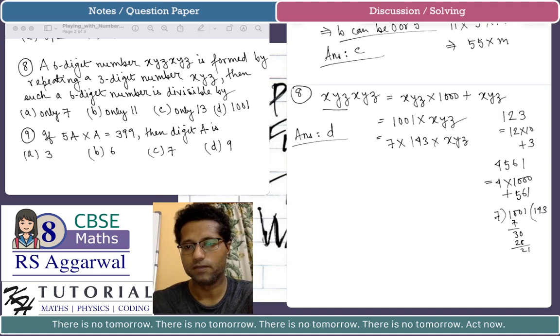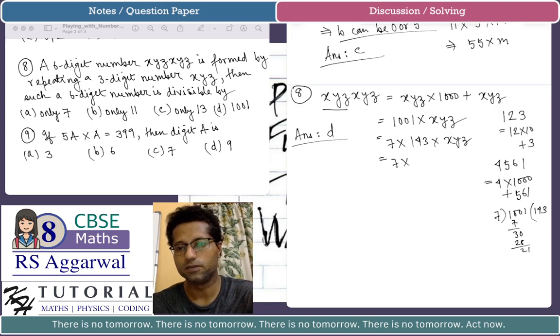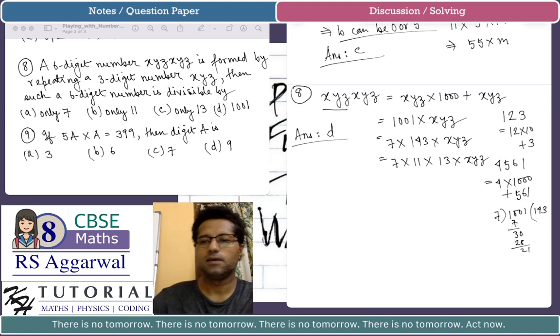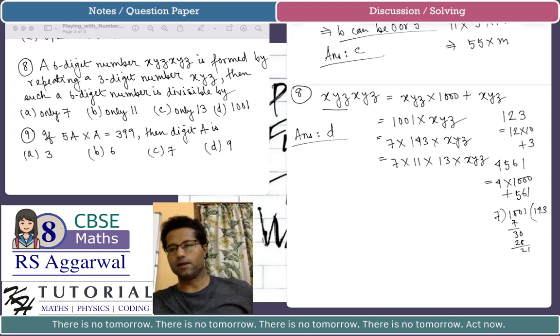Now, do we have any factors of 143? It seems yes, it is divisible. 143 must have a factor of 11, and we get 11 and 13. Okay, so 1001 is basically 7 into 11 into 13.